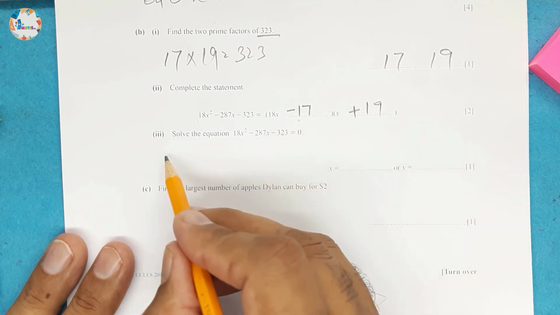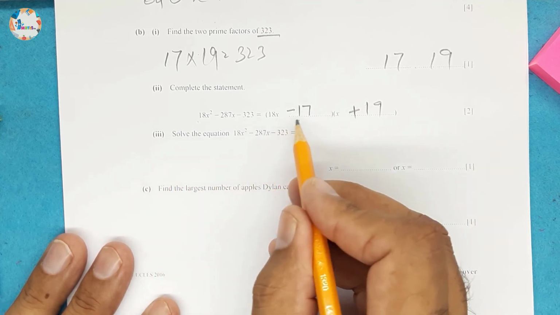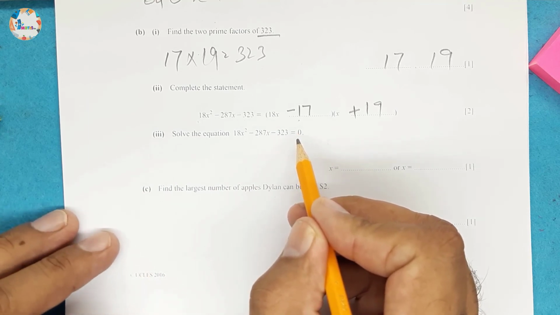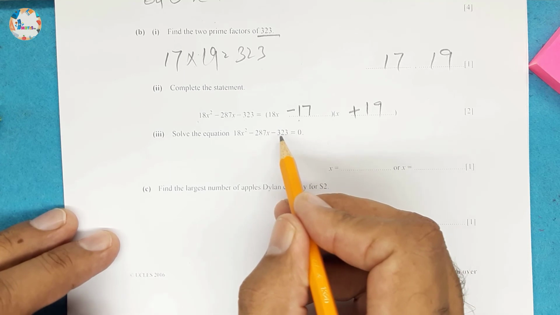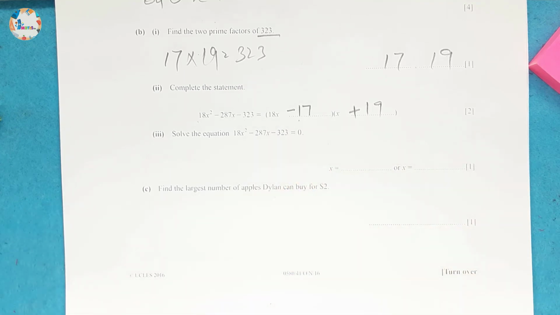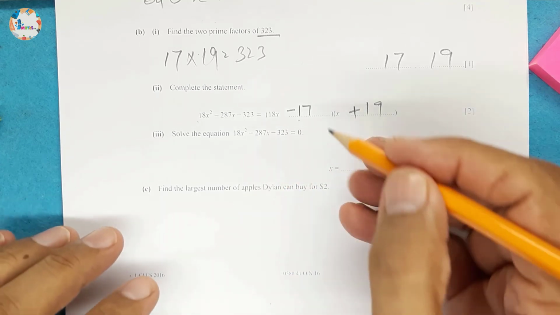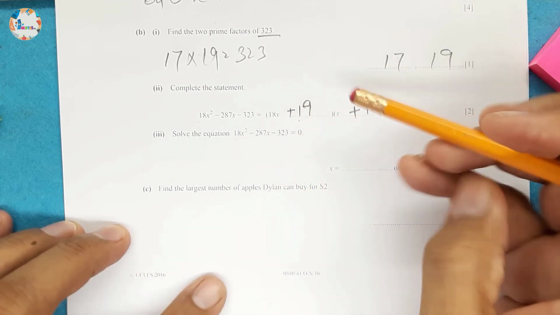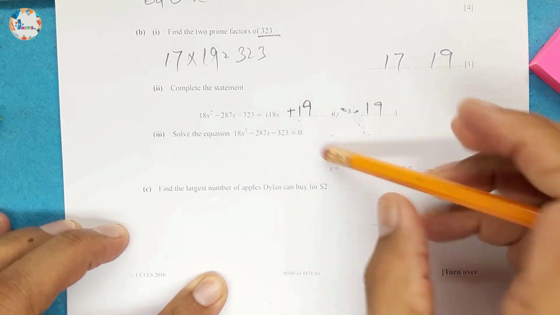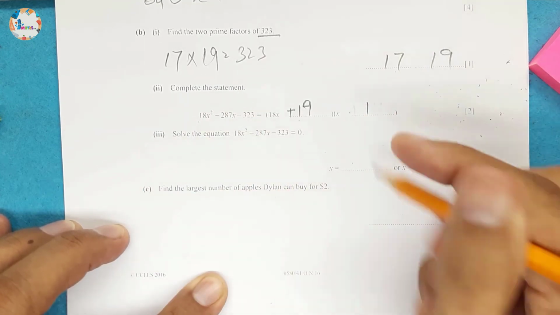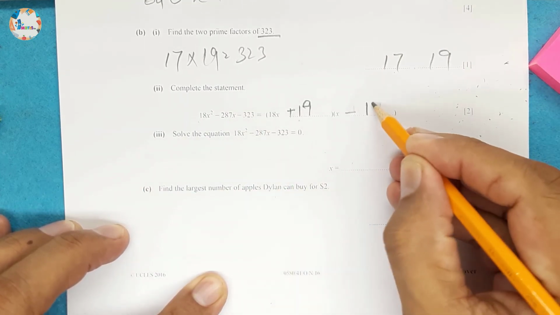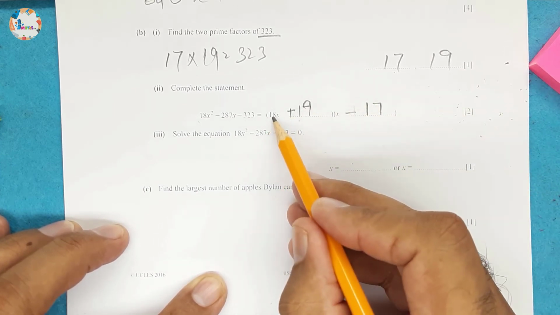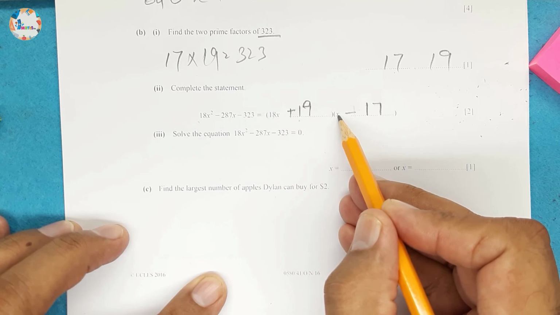So 18x will be equal to 17, so this will be 17 over 18. Yeah, this 19 should be here, and 17 should be here, because if we check, if we multiply these two numbers, we will get this into this, which will be 18x squared.